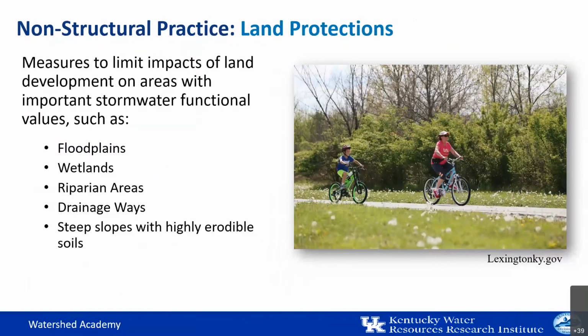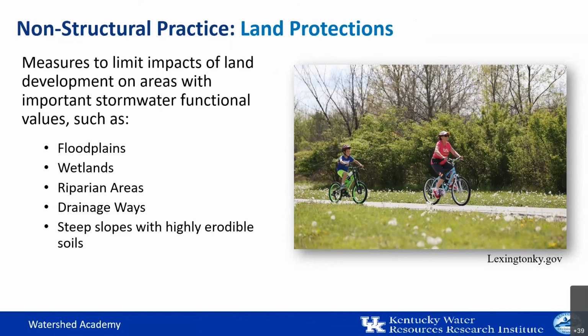Moving on to another general non-structural BMP, land protection approaches can be used to identify, map, and prioritize key features such as those listed here: floodplains, wetlands, riparian areas, drainage ways, and steep slopes with highly erodible soils, all of which can have really important functional value in helping address stormwater.